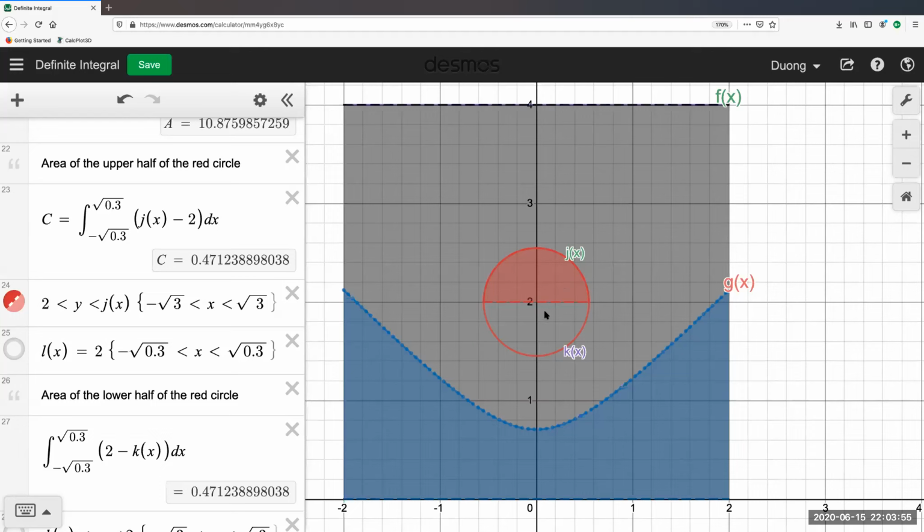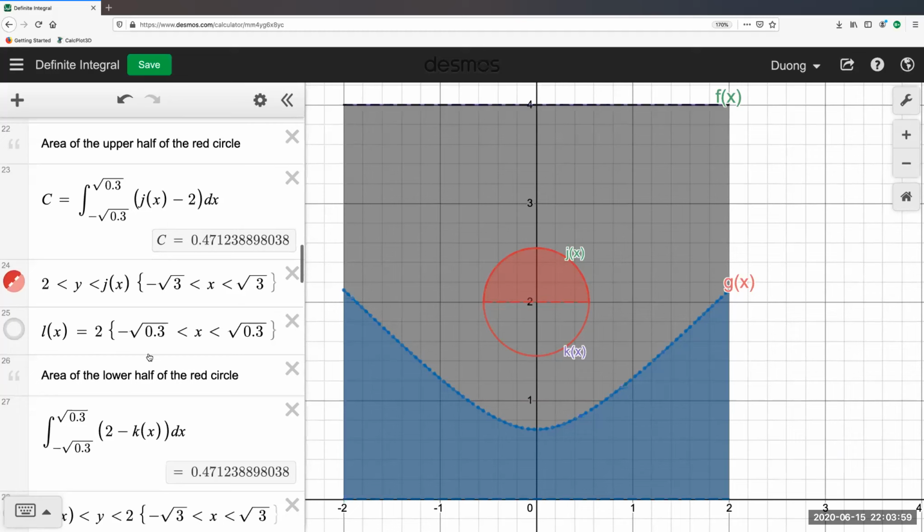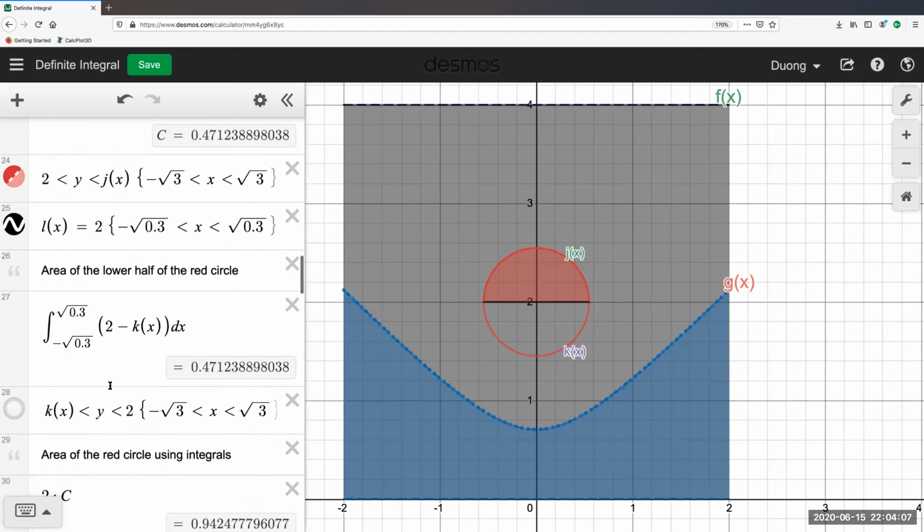And we're going to find the area of the lower half. As you expected, the area of the lower half should be equal to the area of the upper half. In order to find the area of the lower half, we need to set up a definite integral from the same bounds, negative square root of 0.3 to positive square root 0.3.